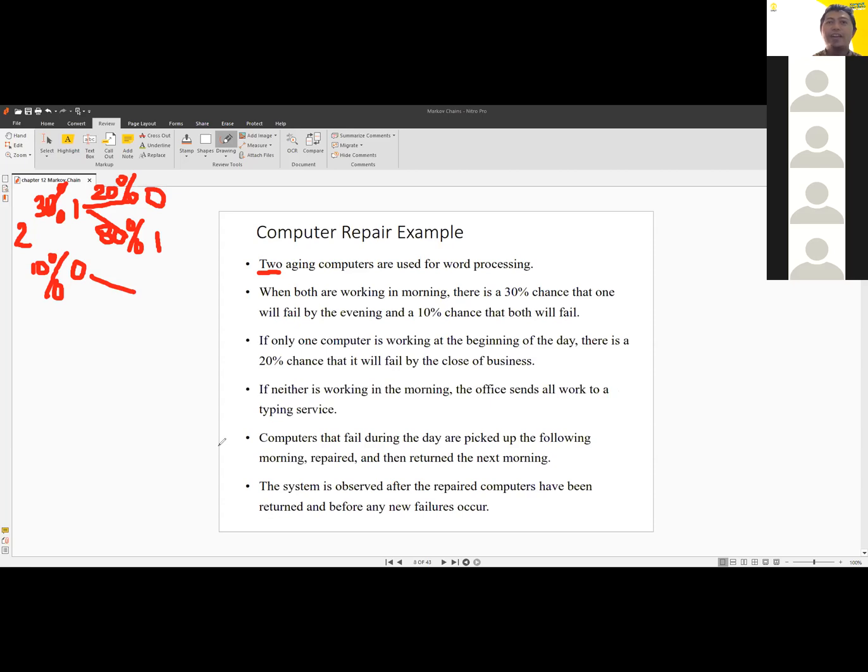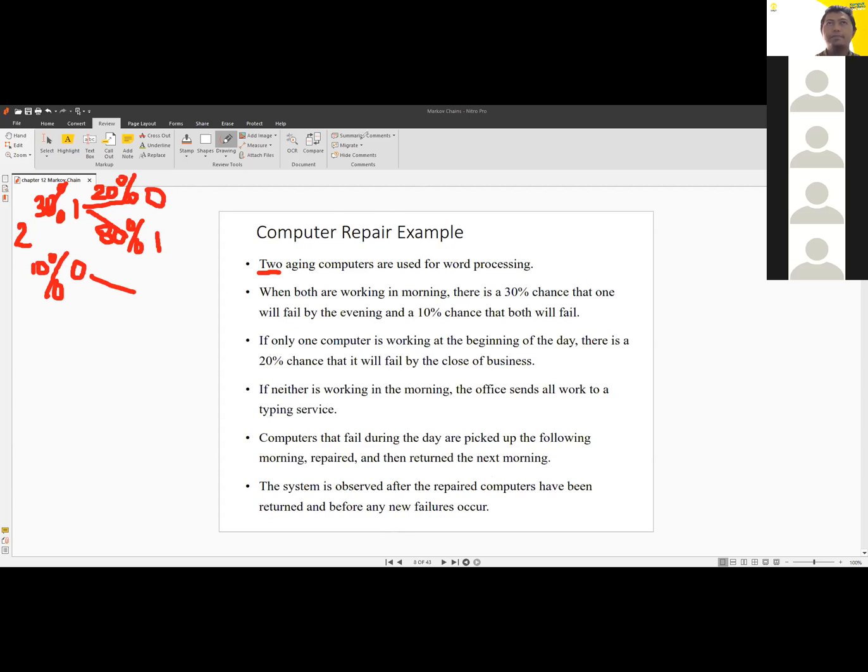Computers that fail during the day are picked up the following morning, repaired, and returned the next morning. The system is observed after the repaired computer has been returned and before any new failure occurs.